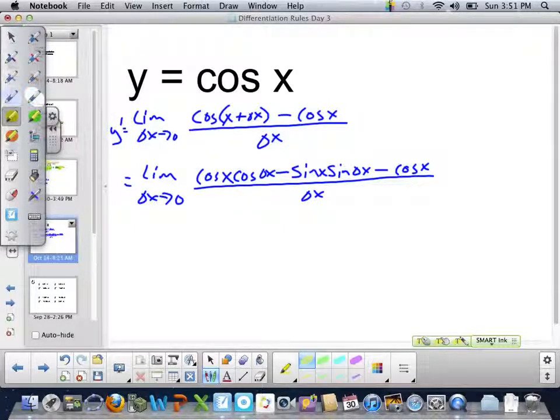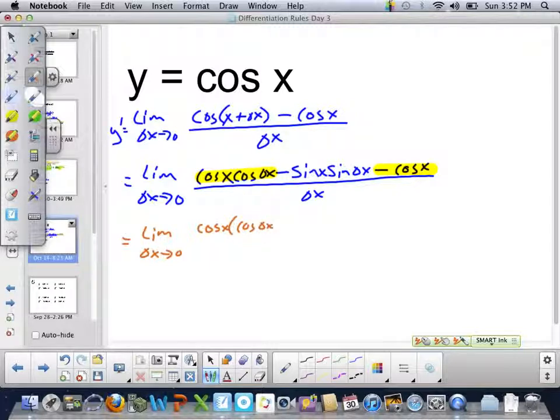And again, we have a cosine x here and a cosine x there. We will group them and factor. So we have the limit as delta x approaches 0 of cosine x times cosine delta x minus 1, minus sine x sine delta x, all over delta x.